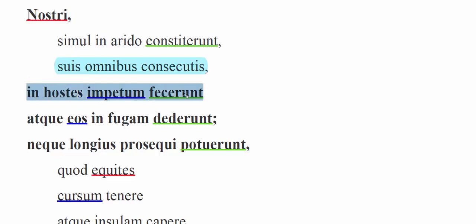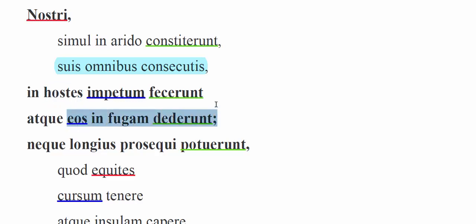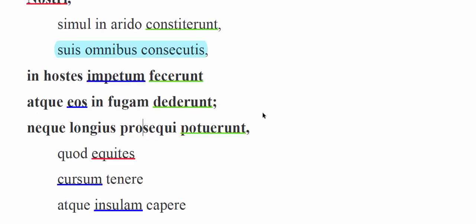What do they do? Well, they make an attack against the enemy. And this eos is the hostes, okay? This eos is the hostes. They give them to flight. So this is just the fancy Caesarian way of saying they make the enemy flee, right? They gave the enemy to flight, so they're winning.